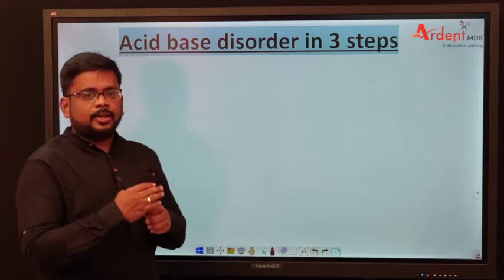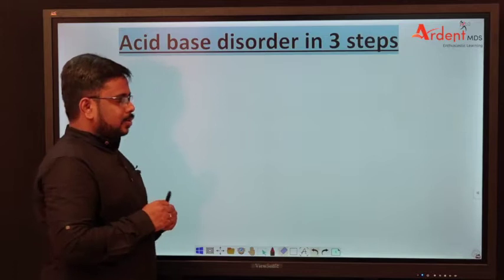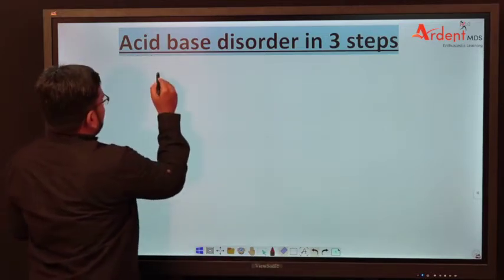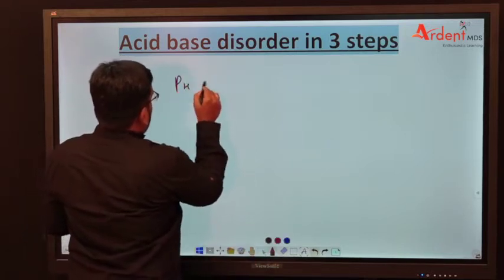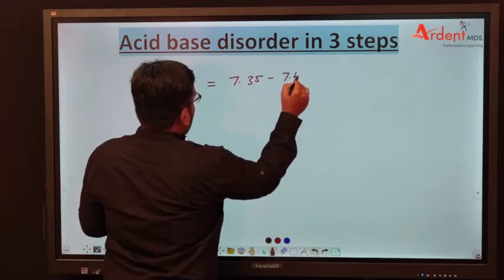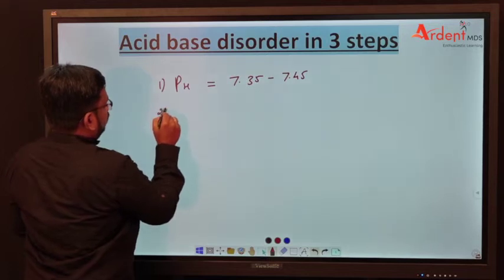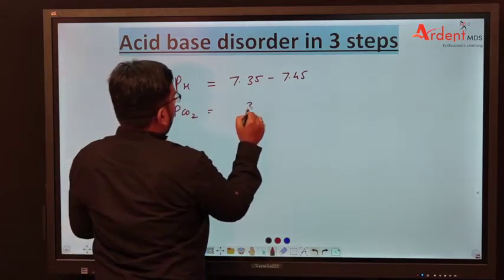Just before we enter into the MCQs, know some normal laboratory values. In arterial blood gas analysis, the pH of the blood is around 7.35 to 7.45. Also, you have to know the partial pressure of carbon dioxide, which is around 35 to 45 millimeter mercury.